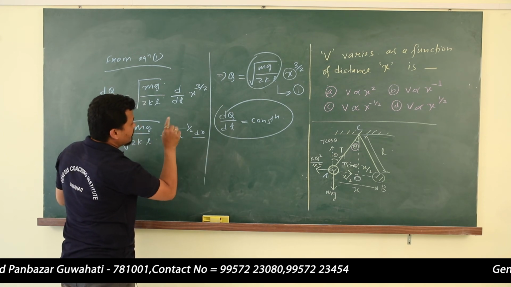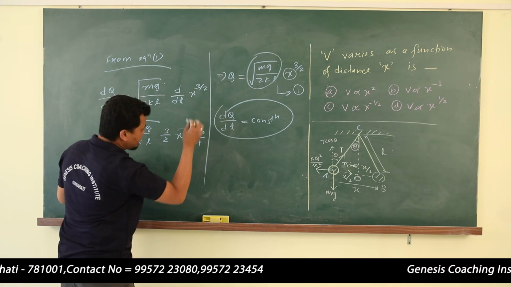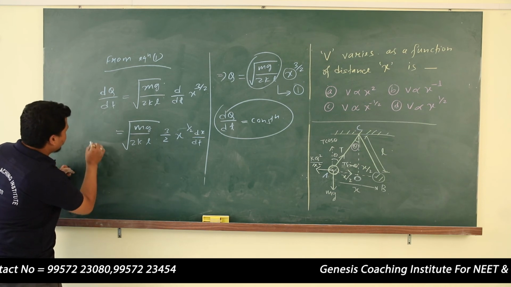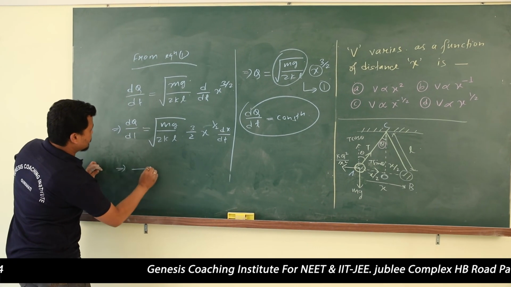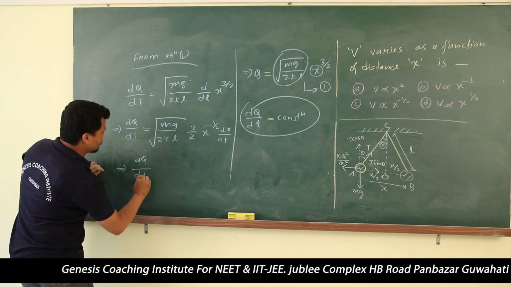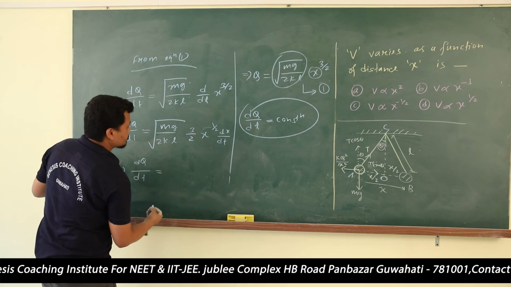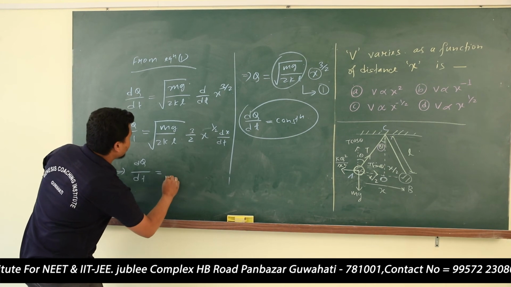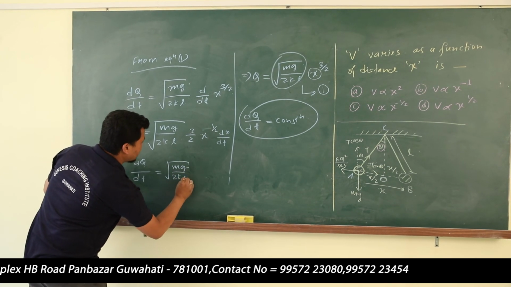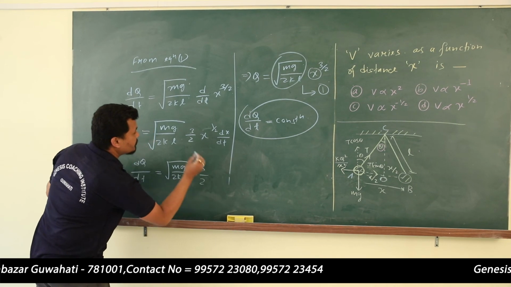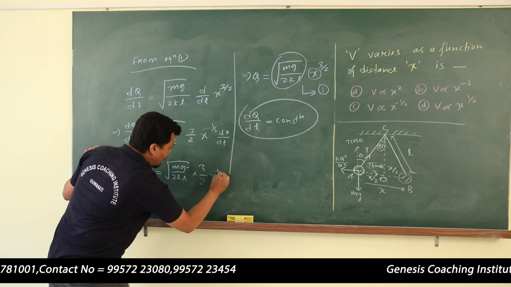So dq by dt equals root over mg by 2kL into 3 by 2 x to the power half into dx by dt.